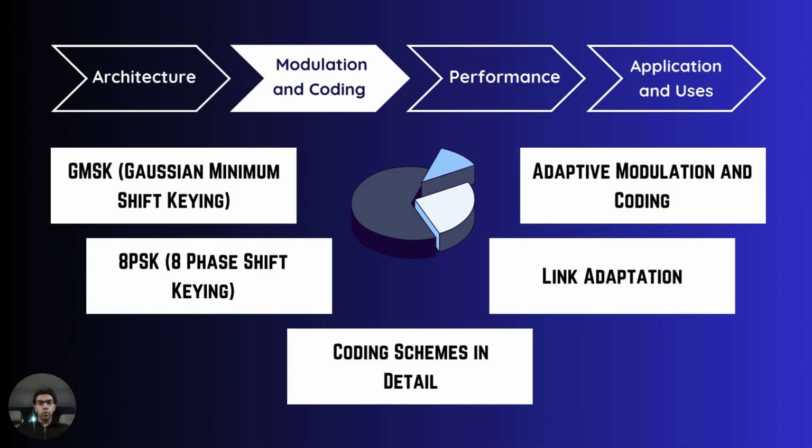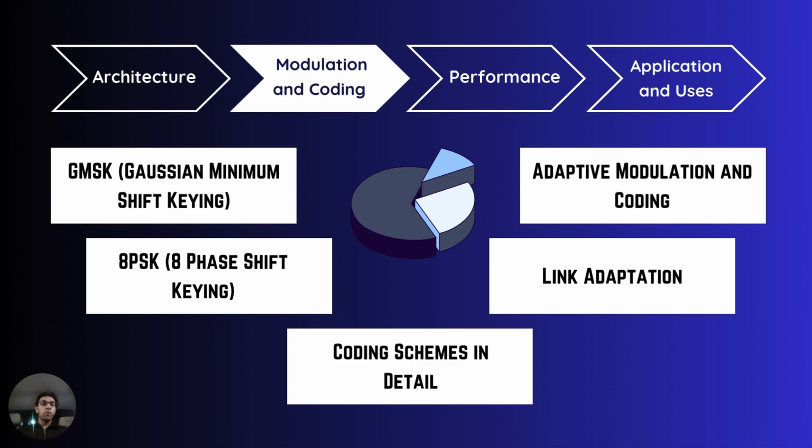We talked about this before when we were comparing GPRS and EGPRS. As we know, EGPRS uses both GMSK and 8PSK. GMSK is usually used for more robust but lower data rates, and 8PSK is used for higher data rates but is more susceptible to interference.